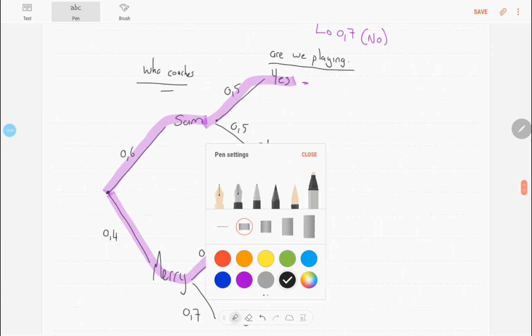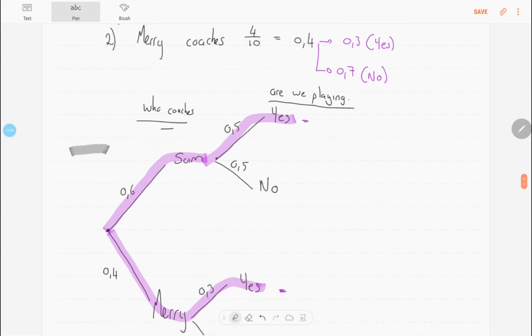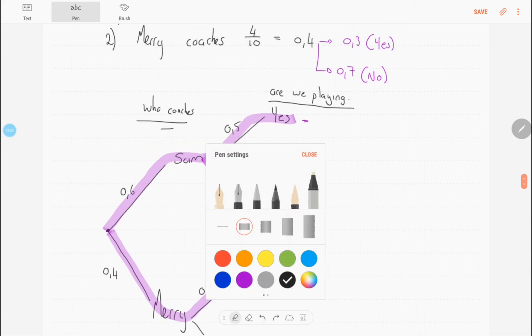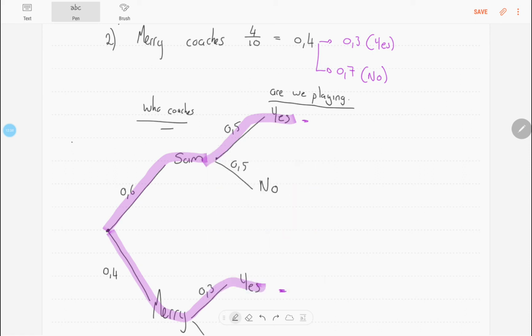Remember, when moving across a probability tree, we multiply. So to find the probability that Sam's going to coach and I'm going to get a yes, the probability of Sam coaching is 0.6 and giving us a yes is 0.5.